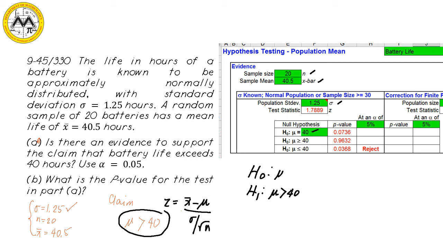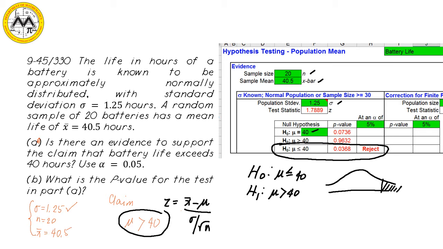Sorry, the null hypothesis would be less than or equal to 40, and the alternative is greater than. This is the case that we are considering. The rejection region is to the right because it is greater than.